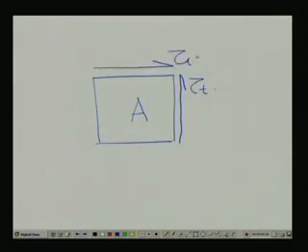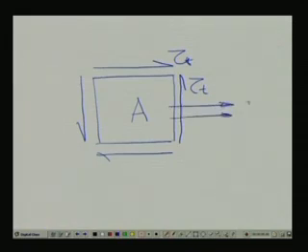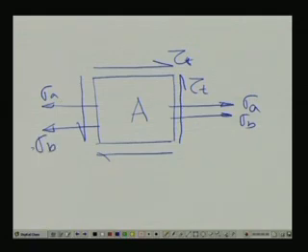We know that these two stresses will be complementary in nature, and we will be getting this one as sigma axial and this as sigma bending. Similarly, we will be getting here the sigma axial and sigma bending. So, this is the entire state of stress at this point A.